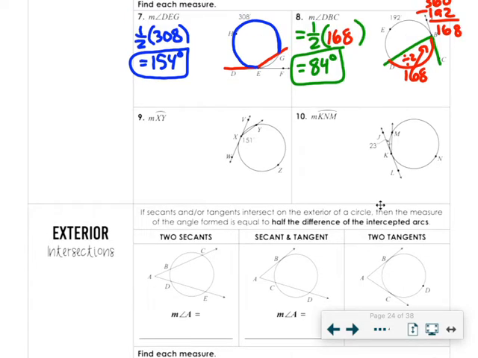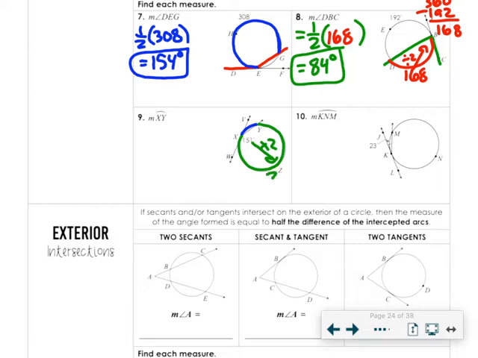Now they're asking for an arc. So they're asking for how many degrees XY is. That's this little sliver right there. So that's what they're asking for. We can figure out the rest of the circle and subtract from 360. So the green arc is this 151 times 2, because the inside angle is half as big as the arc.